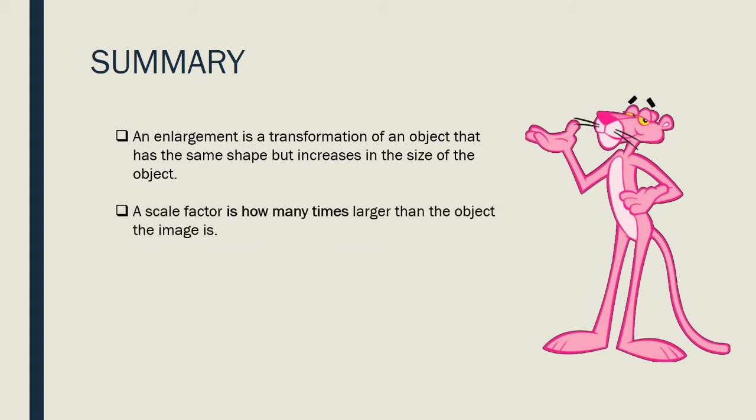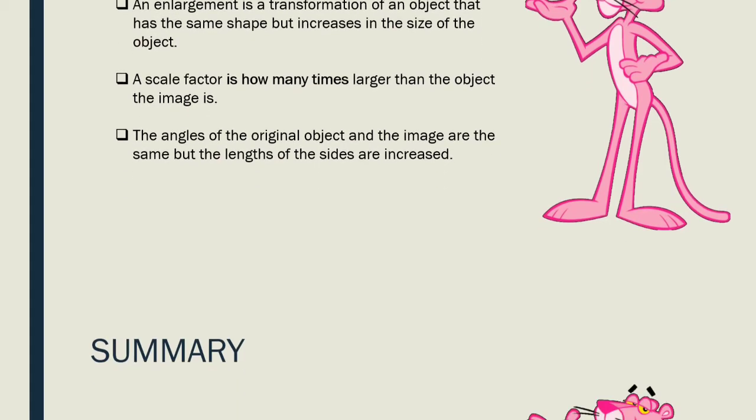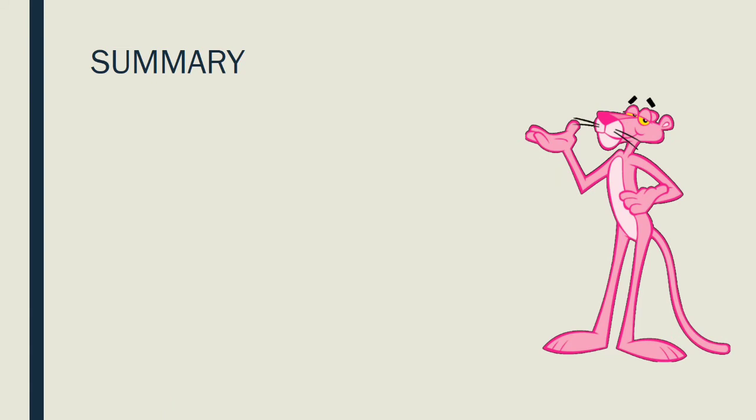A scale factor is how many times larger than the object the image is. The angles of the original object and the image are the same, but the lengths of the sides are increased. An enlargement is an example of similar shapes.